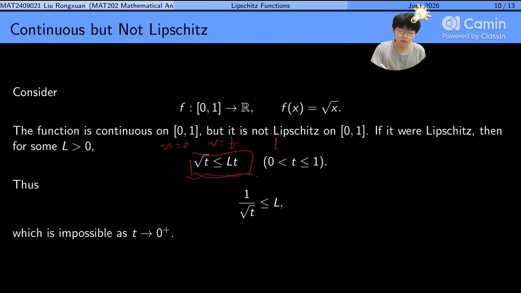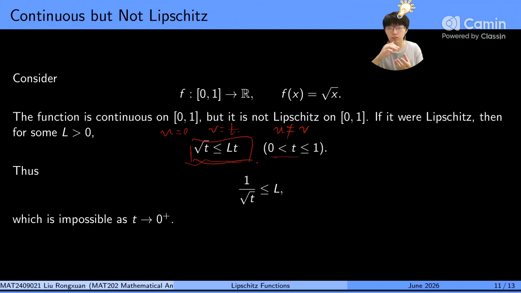Since u is not equal to v, t is bigger than 0 and less than or equal to 1. Switching positions, we get this inequality.